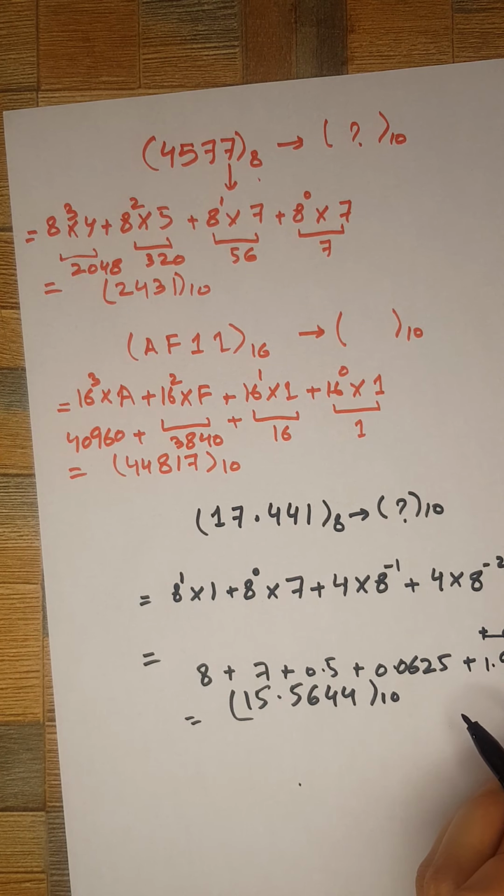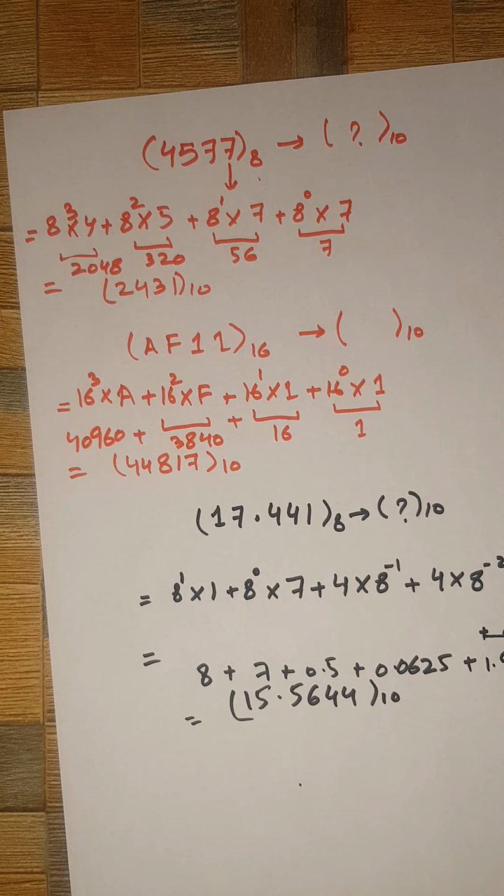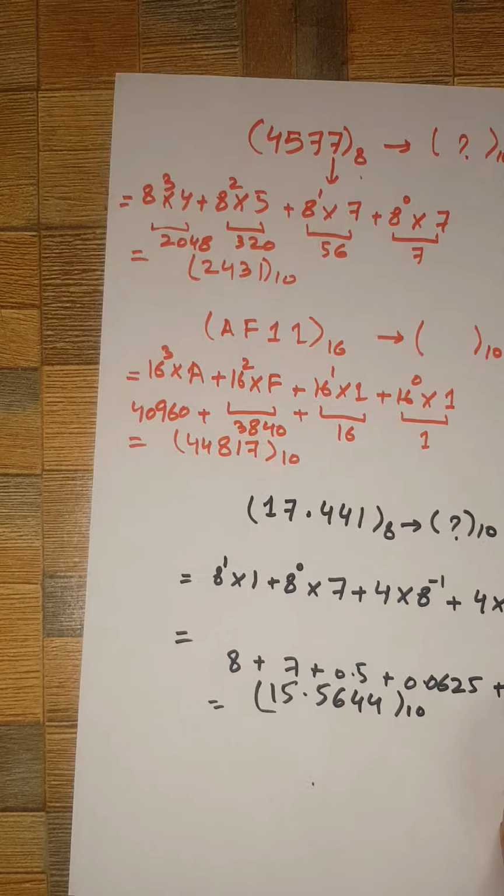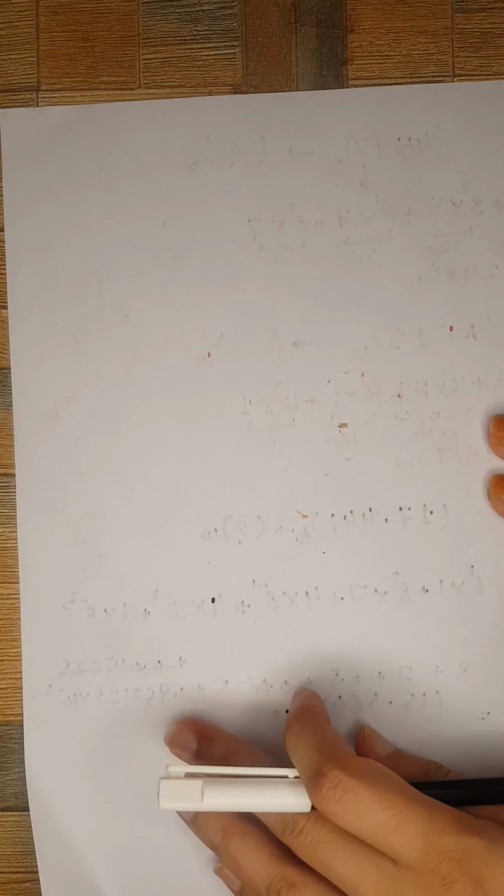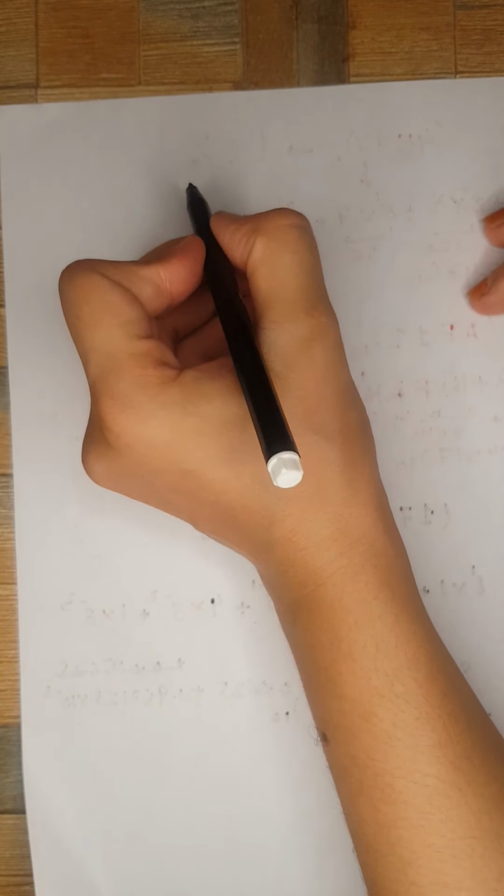Fine. So in this way you can see how we perform the conversion of the fractional parts. For more clarification, we can also do another example for binary numbers. Let's just do it quickly.